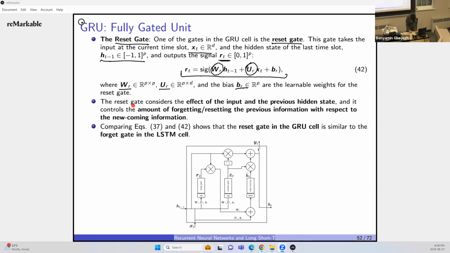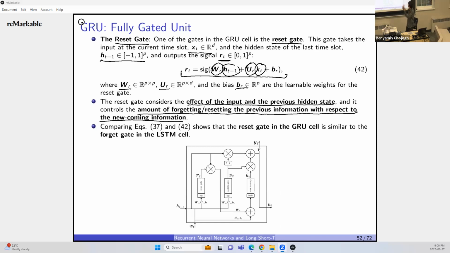Then the reset gate considers the effect of the input and the previous hidden state, of course, xt and ht minus 1, and it controls the amount of forgetting or resetting the previous information with respect to the new coming information. You might be wondering, why do we call them reset rather than forget? Because they had to rename the gates in order to be accepted, right? Otherwise, it would say it's just LSTM. So they renamed that.